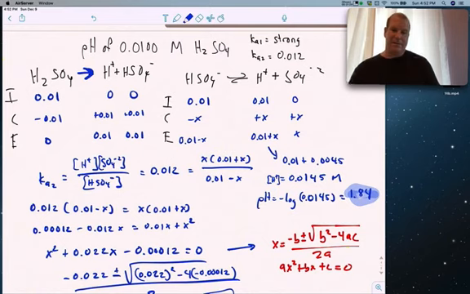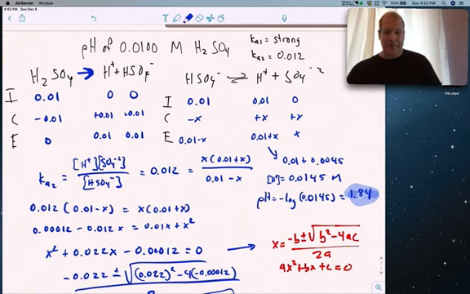We have the bisulfate at 0.01 molar, but has a hydrogen ion with a common ion 0.01 molar and no sulfate. So we shift right, and then we get the equilibrium value 0.01 minus x extent of reaction, 0.01 plus extent of reaction for hydrogen ion, and extent of reaction x for sulfate.